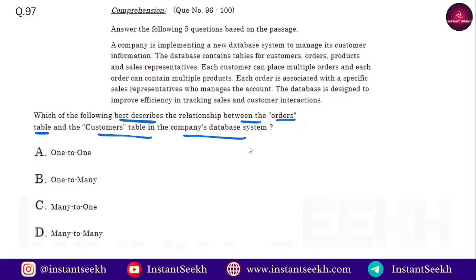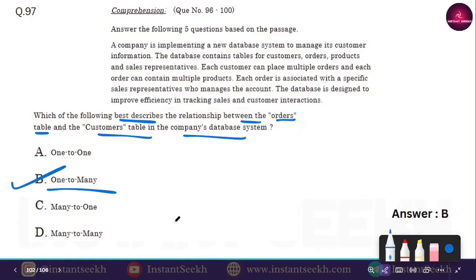A single record in one customer can be associated with one or more records. This is a one to many relation, meaning one customer can place many orders. So one to many relationship is here. Option B is your right answer. Let's move to the next.